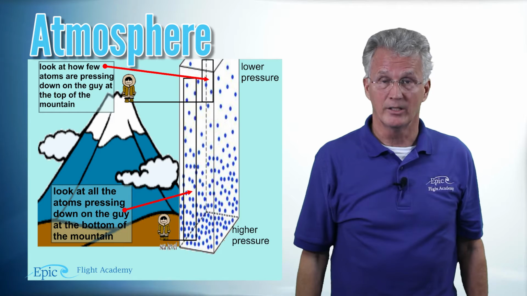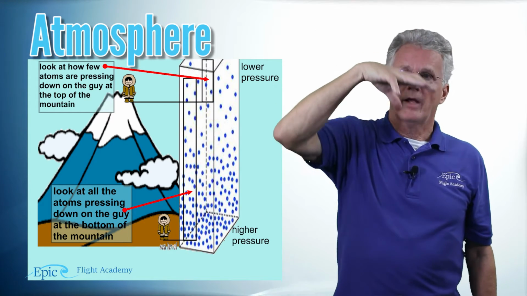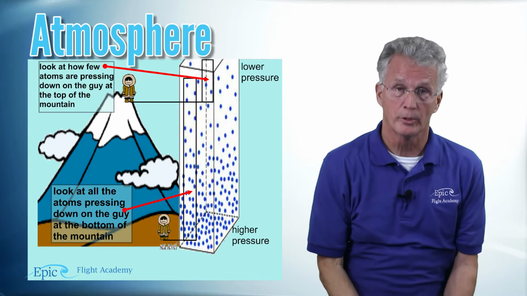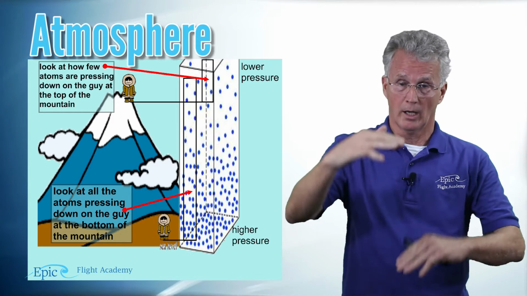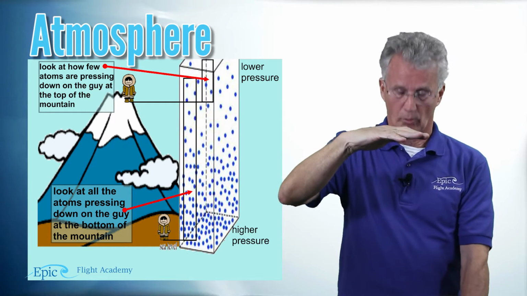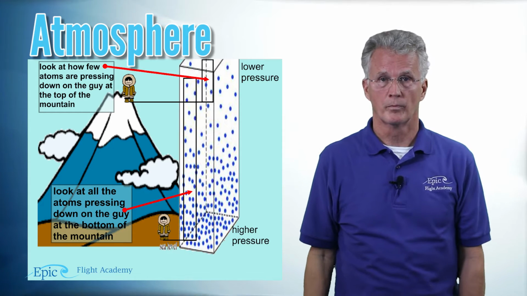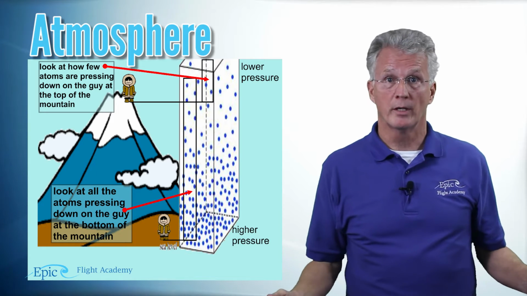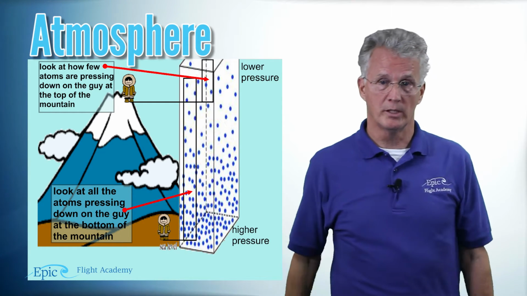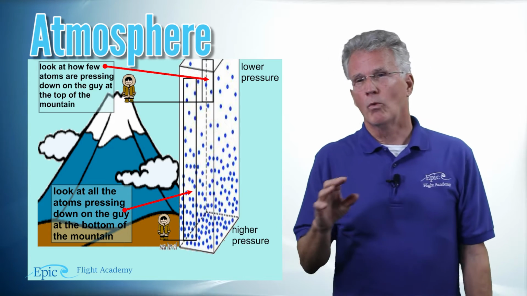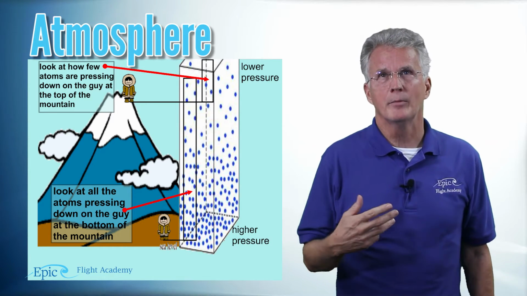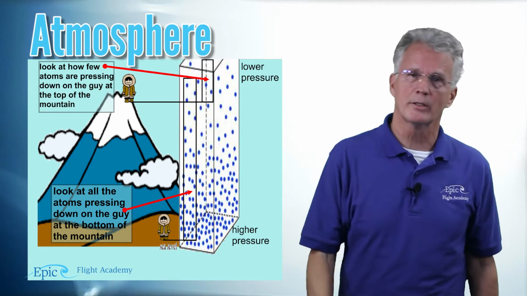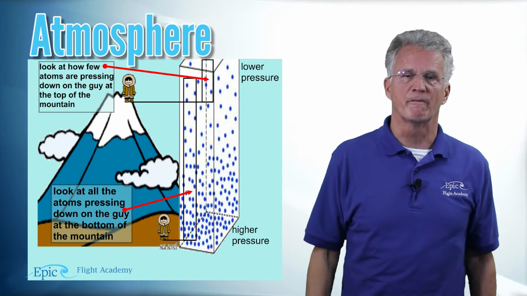Another way to look at that is all of that air pressure from outer space to the surface is enough pressure to push a column of mercury up 29.92 inches. That's why when you hear pilots talk about atmospheric pressure being 29.92 inches of mercury, that's what they mean.